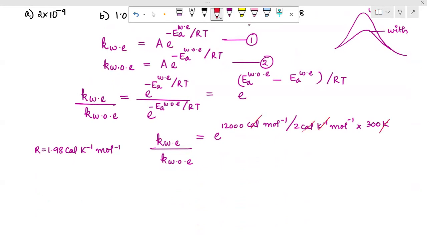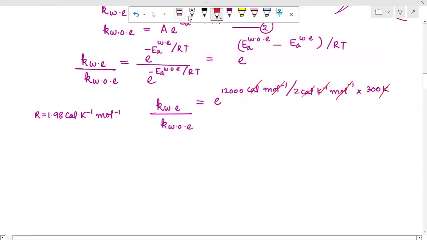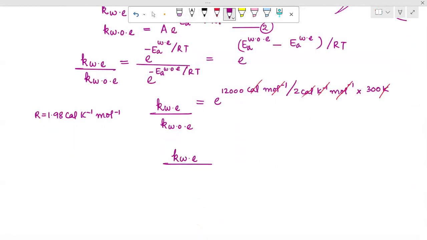Calories on the top, calories at the bottom. Per mole at the top, per mole at the bottom. Okay, so you have 12,000 divided by 600. So rate constant with enzyme divided by rate constant without enzyme is equal to e to the power 12,000 divided by 600, which is going to be equal to e to the power plus 20. Okay.